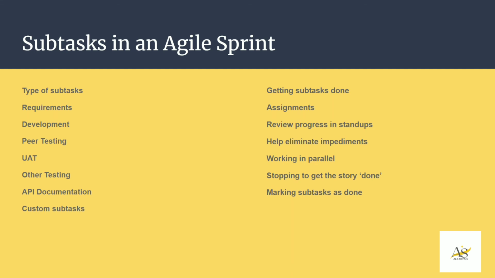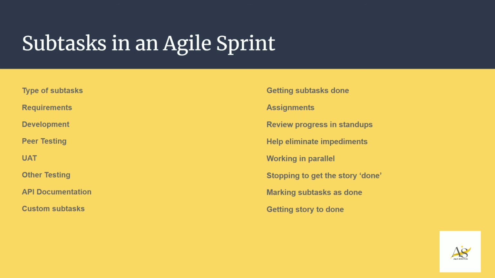And once the story is done, only then do we get that velocity as complete. So it's very important that we get these subtasks done timely and marked accordingly as well. Like I said to you, stories are not done till you get the subtasks done. So this is a very important activity.